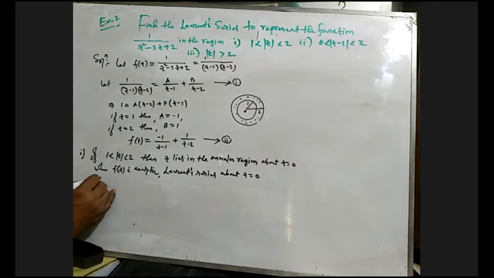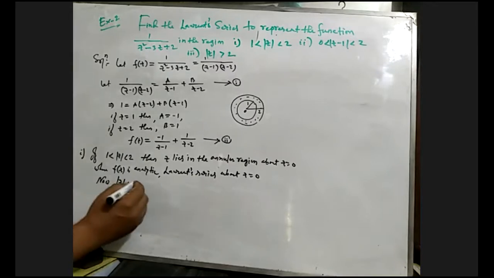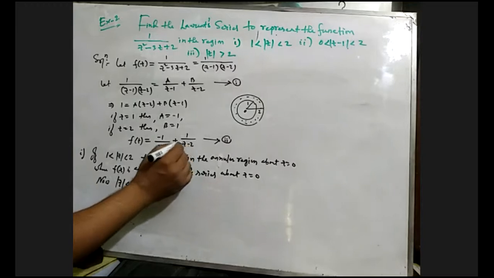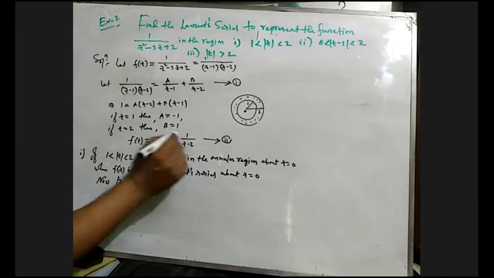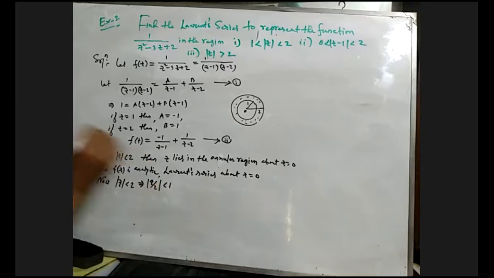Now, absolute value of z less than 2 means the circle with radius less than 2. Because there is a term with z minus 2, dividing by 2 on both sides, we can write |z|/2 less than 1.